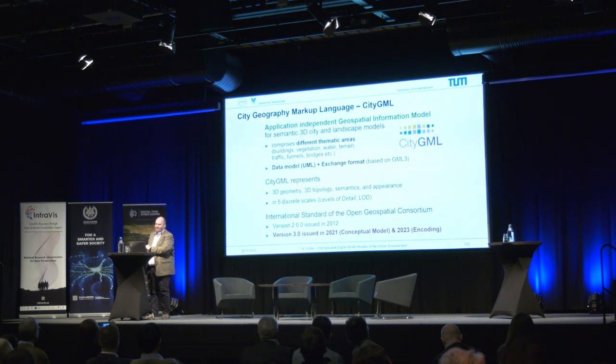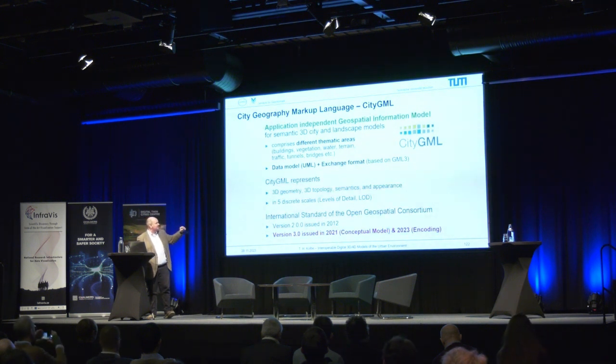So it's also an exchange format, but in the first place, it's rather the question, how should you structure your information about the real world? And it represents geometry, topology, semantics, and appearance in 5 different levels of detail.